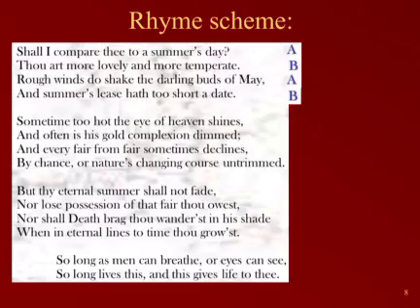As we can see, the word shines rhymes with the word declines, so we mark them with the letter C. The next word, dimmed, rhymes with the word untrimmed, so we mark them with the letter D.